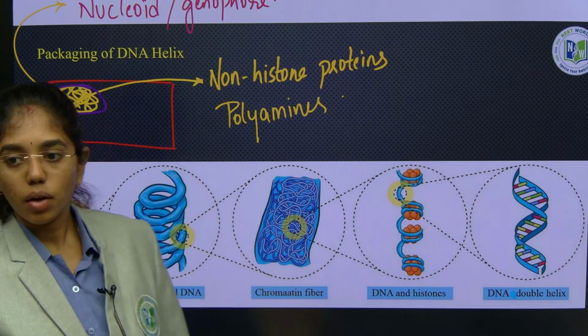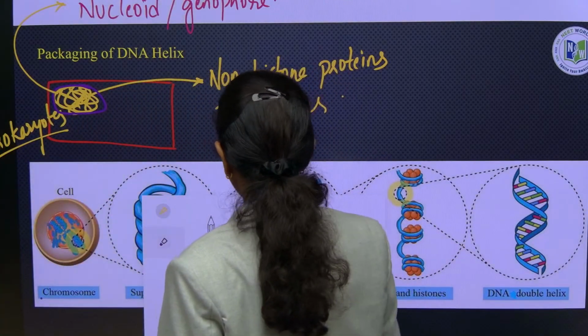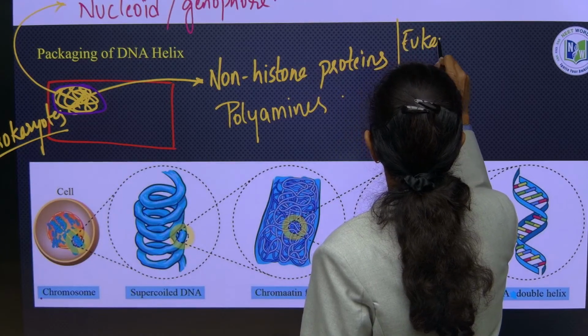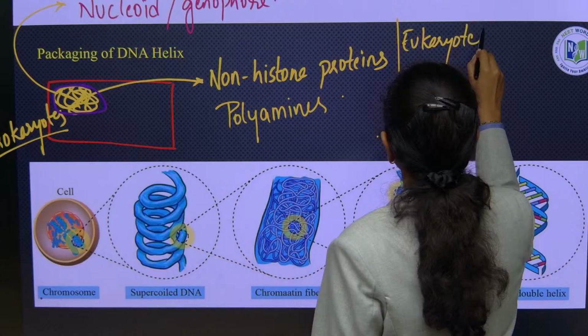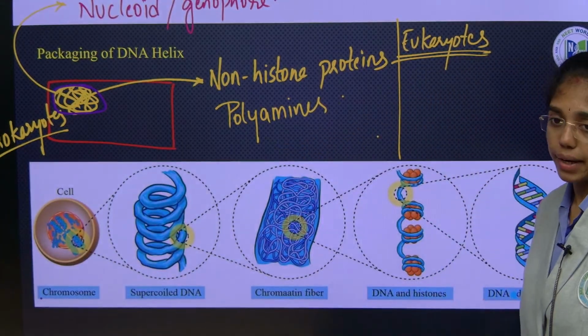Clear? Now, in prokaryotes it is double stranded circular DNA.